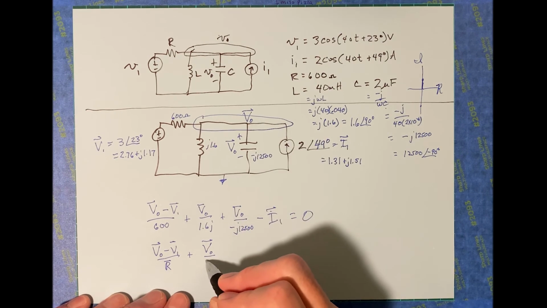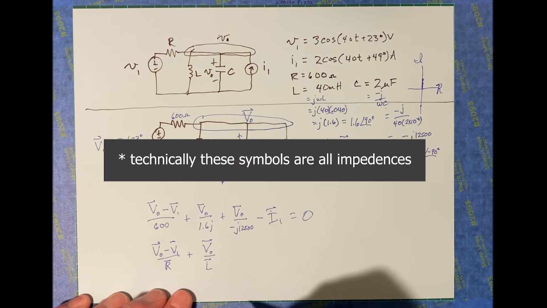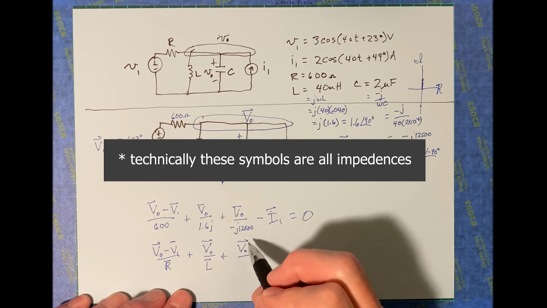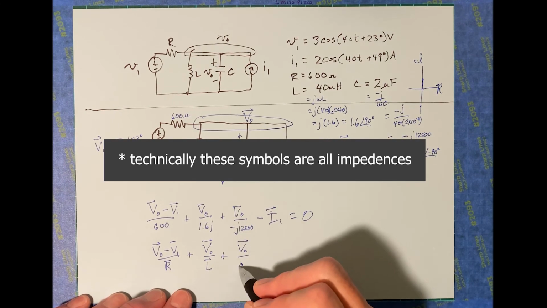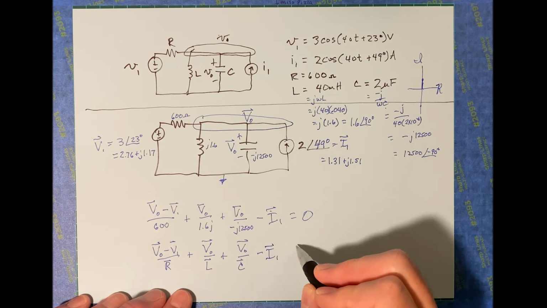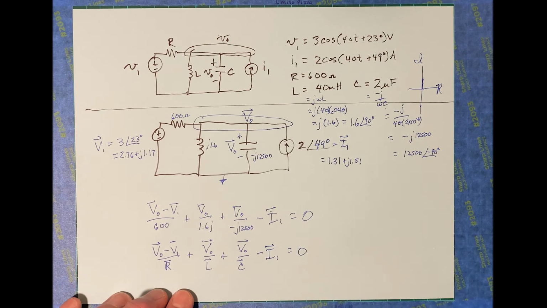That was the inductor in the frequency domain, plus V naught over, well, what's this? That's the capacitor in the frequency domain, minus I1, and that's equal to 0.